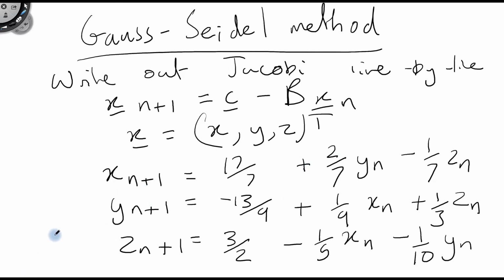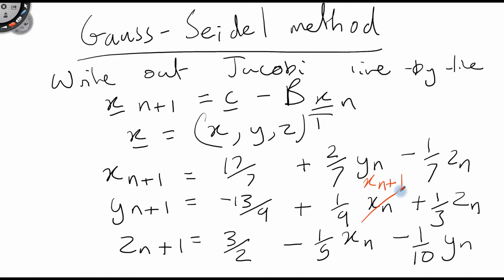But now, what Gauss and Seidel, who came up with this around a similar time, since they share the name, realized is that if we do it line by line, when we get to the second line, evaluating y n plus 1, we've already got x n plus 1. On the right hand side we've got x of n. So the Gauss-Seidel method said, let's replace x of n with x n plus 1 because we know it from the previous step.